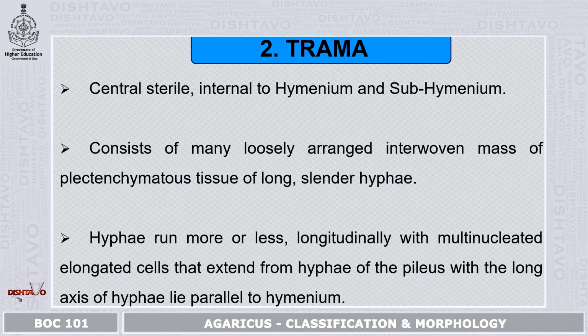The trama is the central sterile region and it consists of a loosely arranged interwoven mass of plectenchymatous tissue. It has long slender hyphae. These hyphae are longitudinal, with multinucleate elongated cells that extend from the hyphae of the pileus, with the long axis of the hyphae lying parallel to the hymenium.